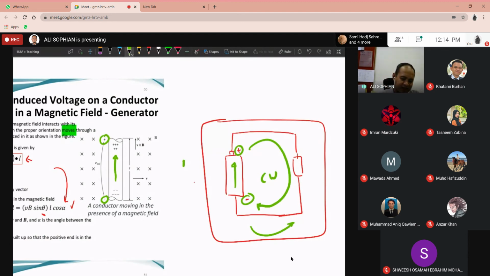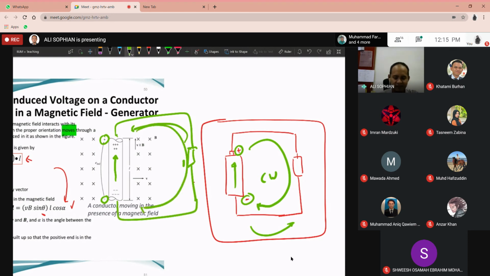Similarly, in our case, our induction is just like the generation of the voltage, just like the battery chemically generates the voltage. So this is like inside. But if you then connect this wire to a component outside, then you will see that the current flows just like in the battery case, from the high potential to the low potential.